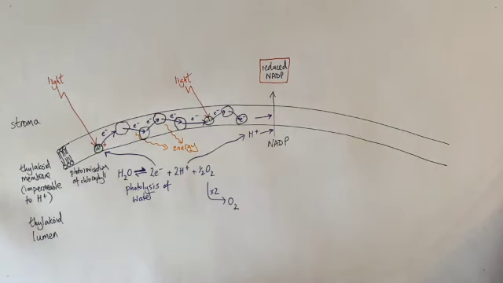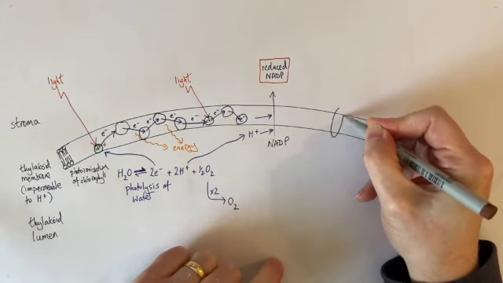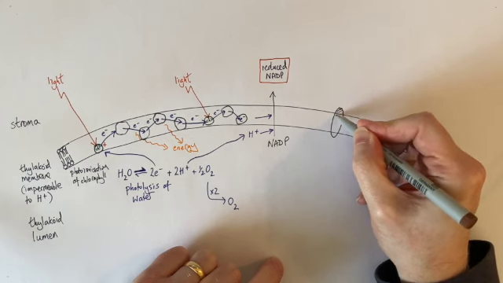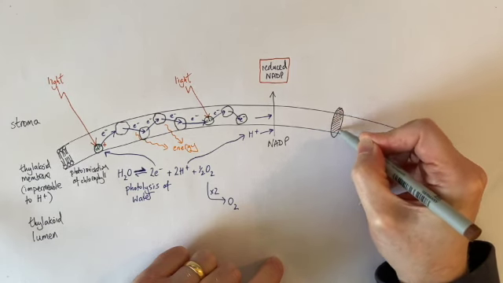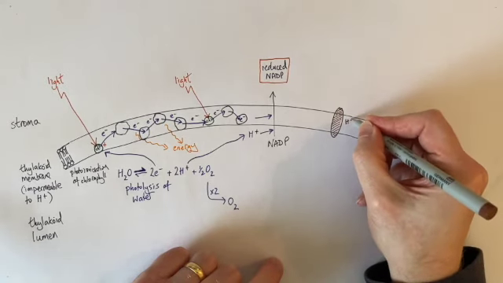Now, also in the membrane are some other protein molecules. One of those protein molecules goes all the way across the membrane, and that is a hydrogen ion pump.